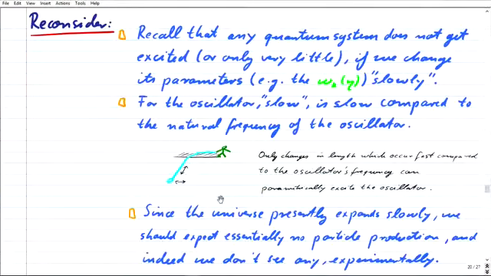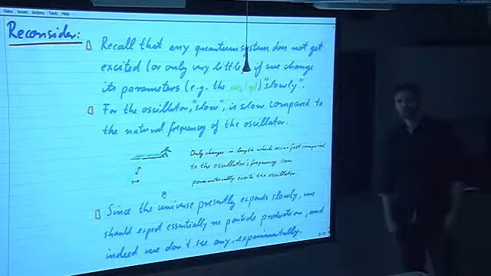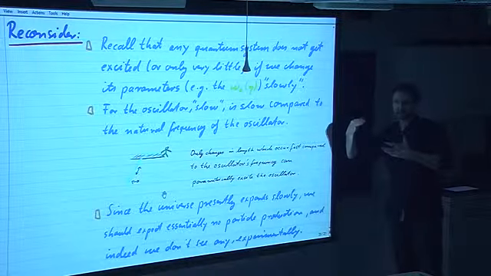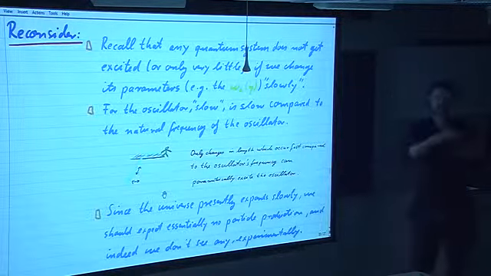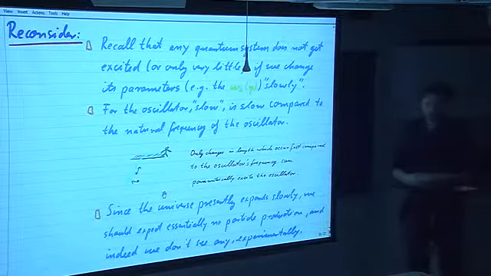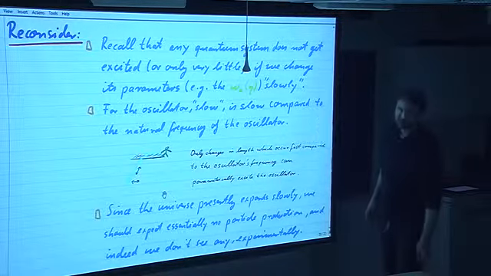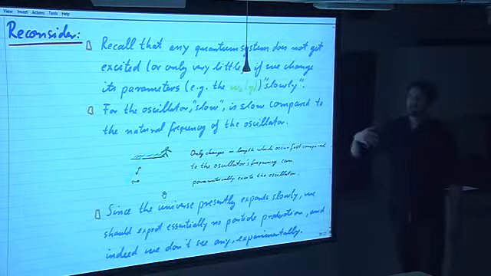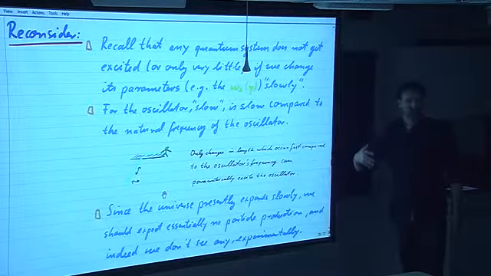So if you take a harmonic oscillator, for example, and you change its frequency slowly enough, then if the harmonic oscillator started out in a fifth excited state, it will remain in the fifth excited state. Or if it starts out in the ground state, it will stay in the ground state, if you vary the parameter of the harmonic oscillator slowly.